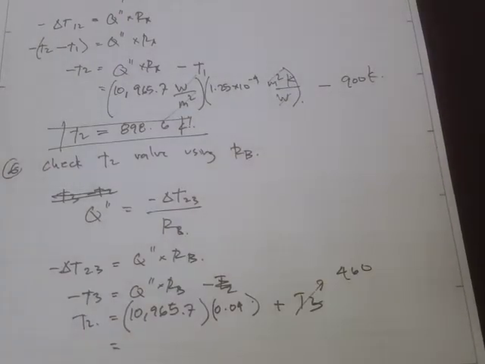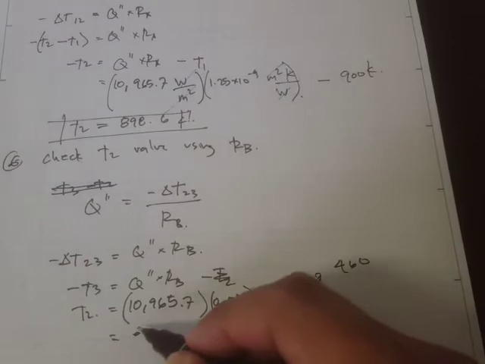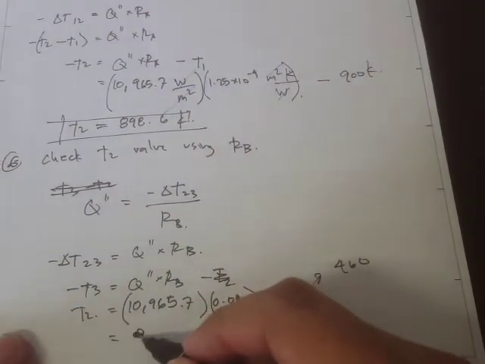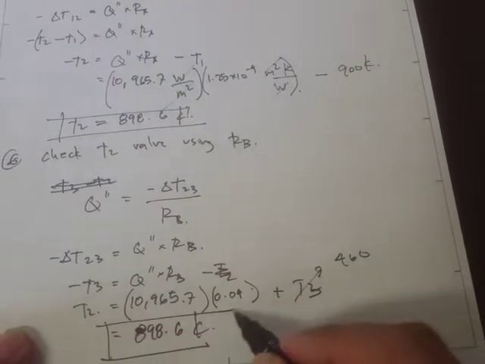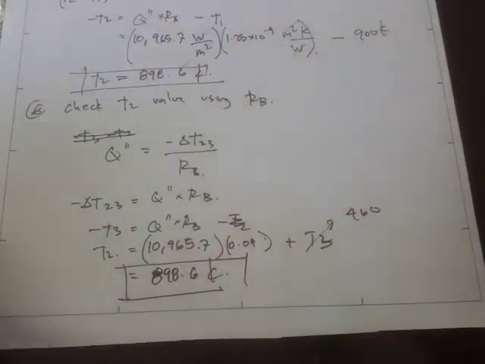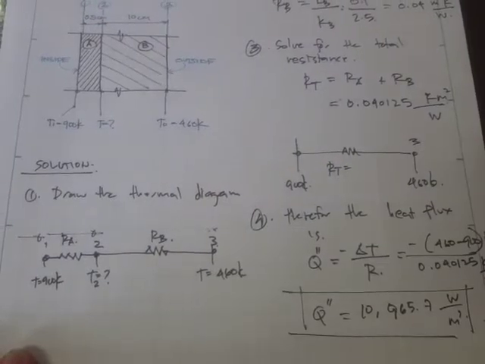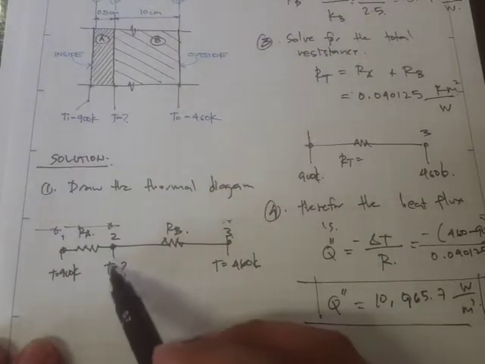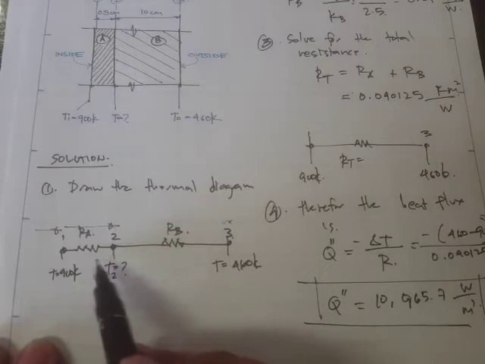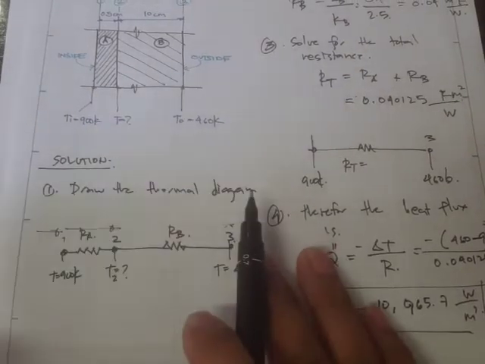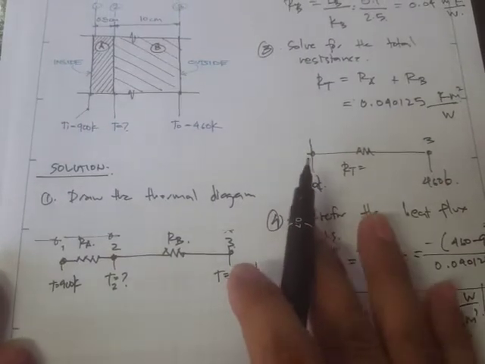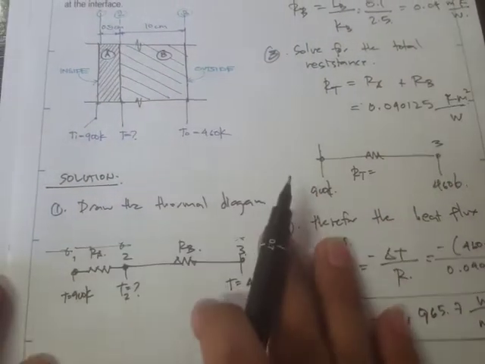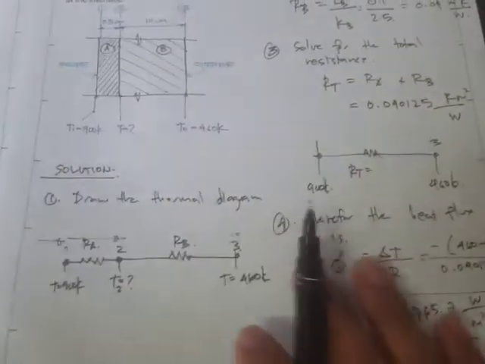Let's solve that, and what we get is 898.6 Kelvin. So whether we solve this interface temperature using material A or material B shouldn't matter. If our mathematics is correct, it's going to be the same.